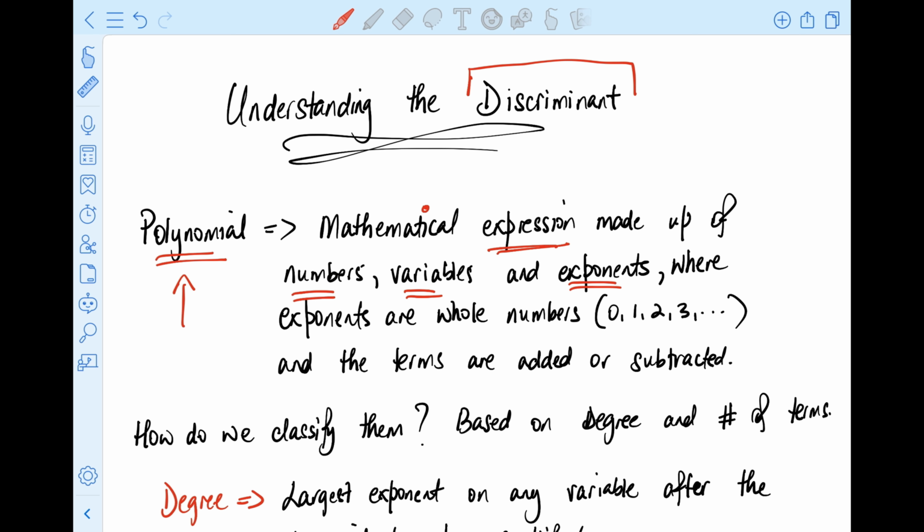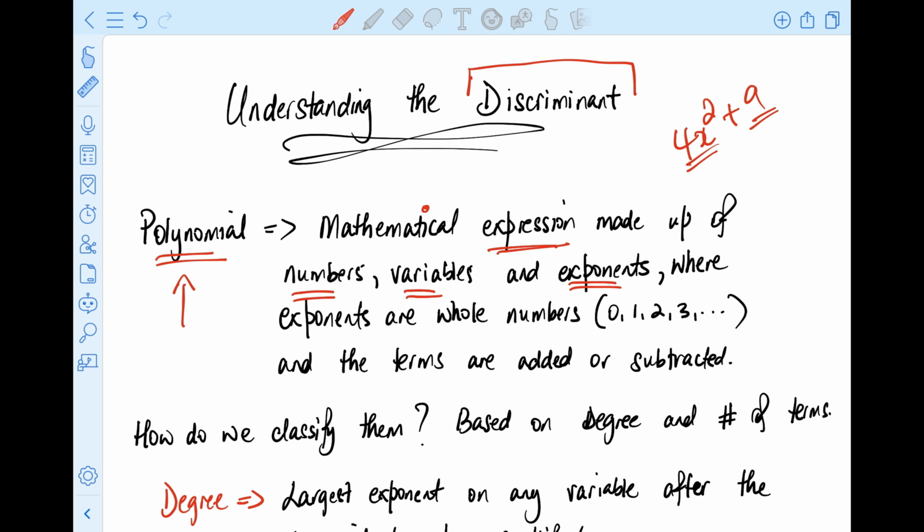So here's a simple example of a polynomial, 4x squared plus 9, for example, right? Just a mathematical expression made up of a number of mathematical terms. This is one term, that's another term. So there are two terms here, all right?